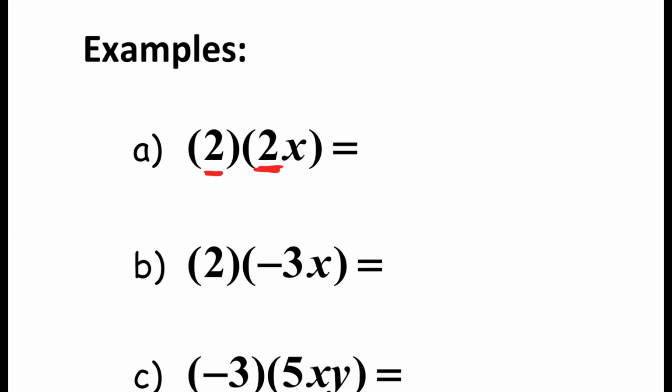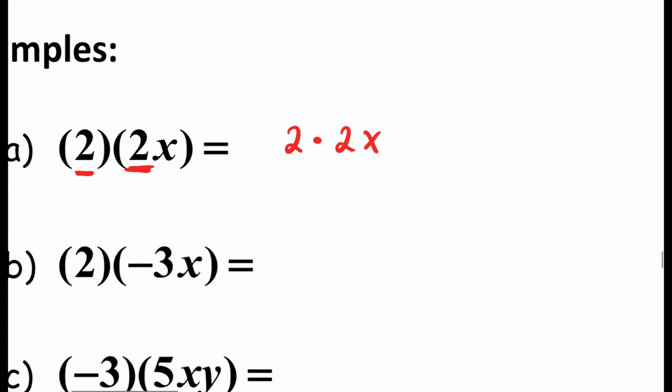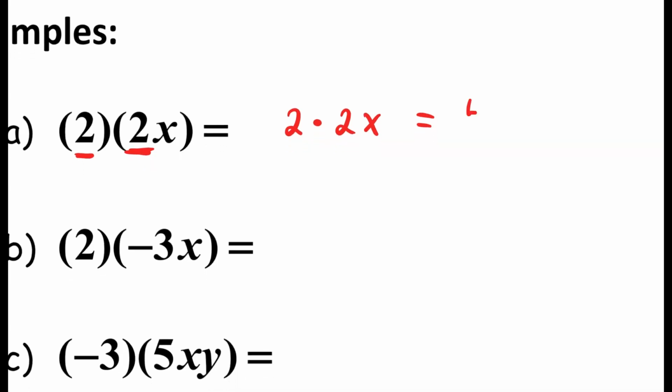So we have 2 multiplied by 2x, which equals 2 times 2, so we're multiplying the coefficients, so 2 times 2 is 4, and our x attaches onto this.